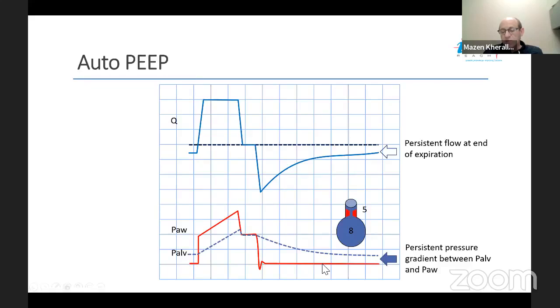The airway pressure is 5. The difference is 3 centimeters of water. This is what the patient has to exert in order to overcome this increase in alveolar pressure. And when you add PEEP, you just increase that red line to that dotted line here, so the patient doesn't have to exert any more effort in order to create a gradient inside the circuit.